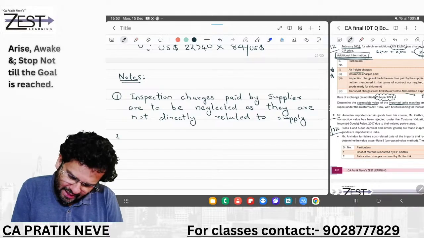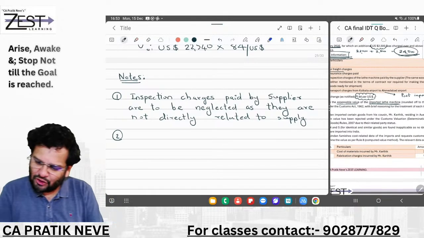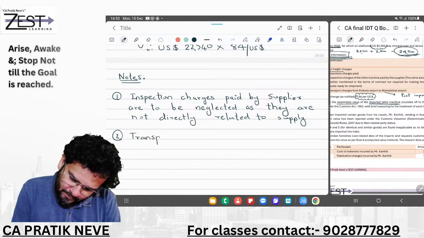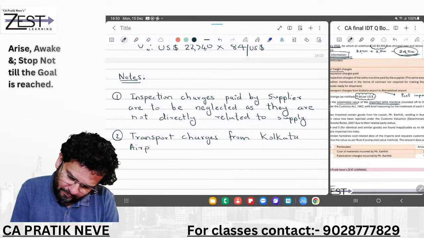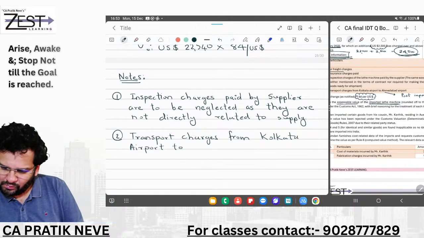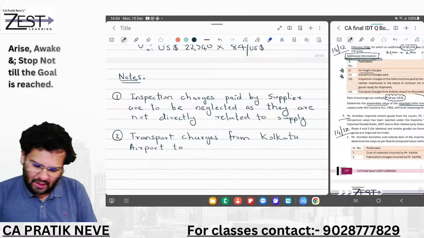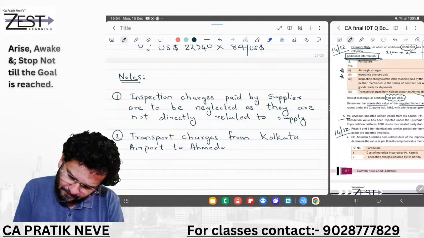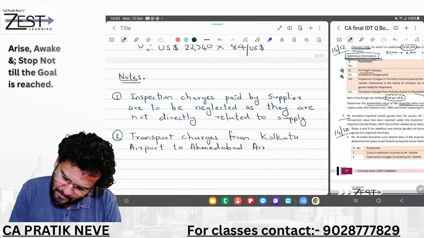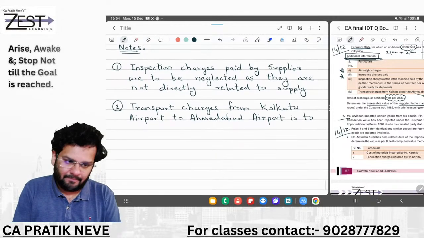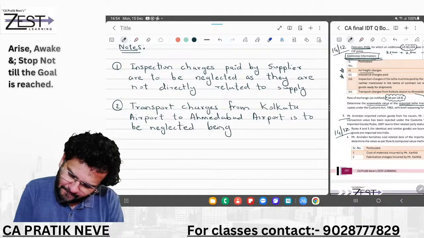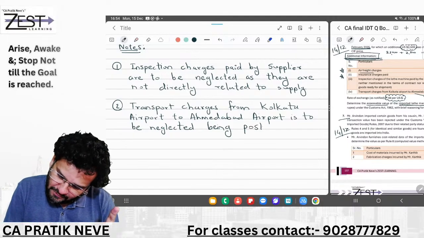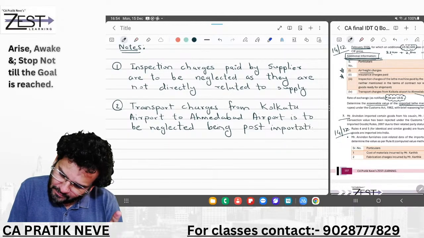Okay, first of all this, and secondly, transport charges from Kolkata airport to Ahmedabad airport is to be neglected, being post import transport cost.